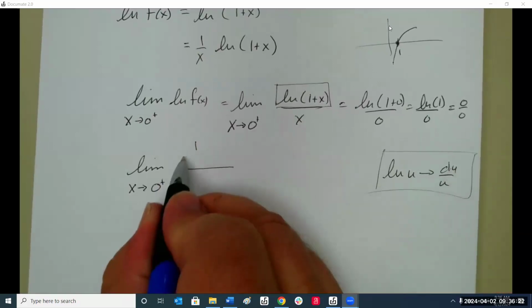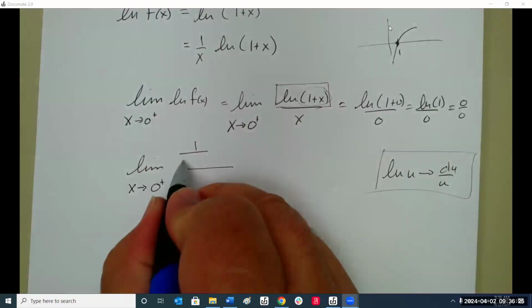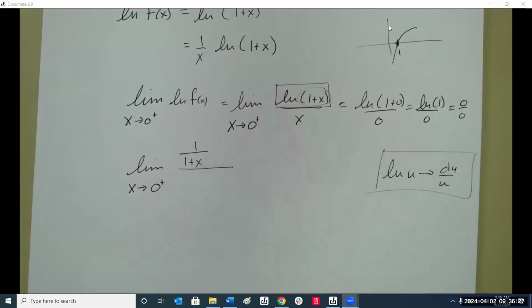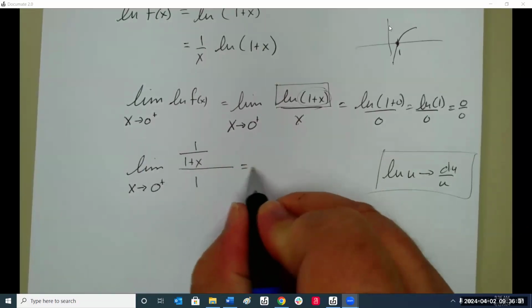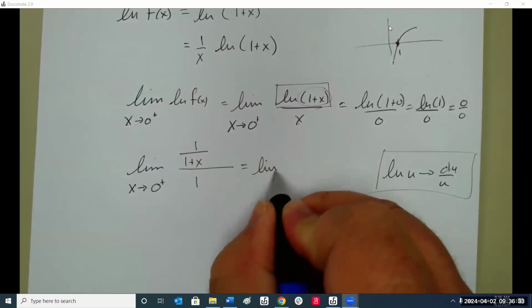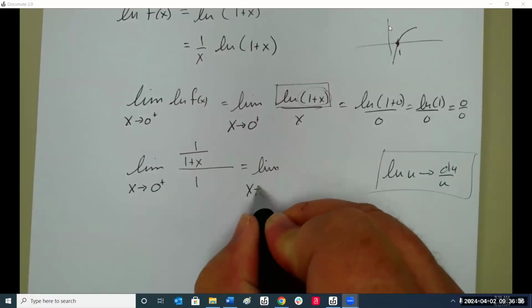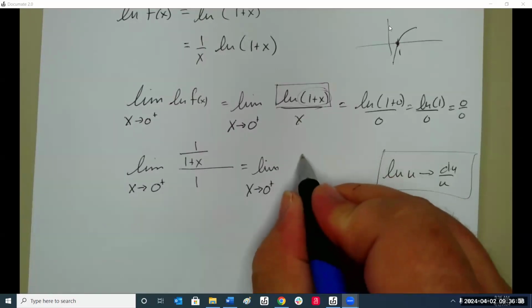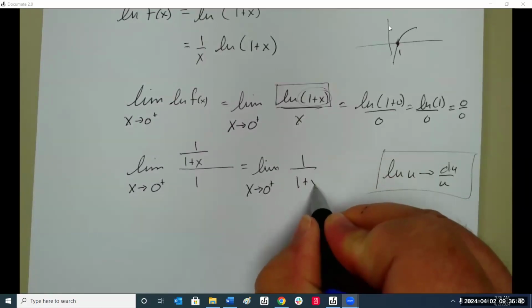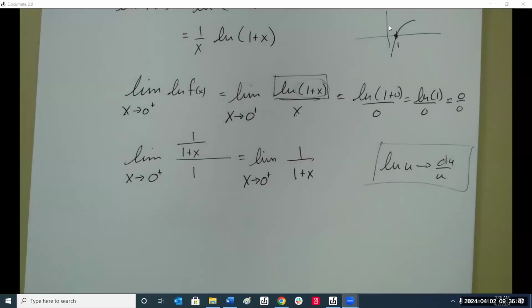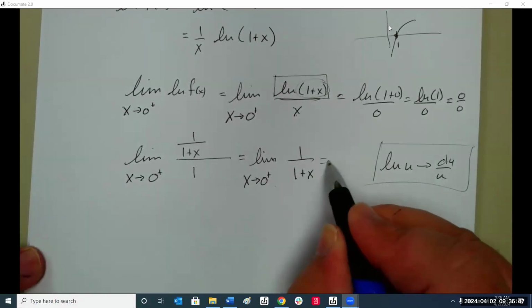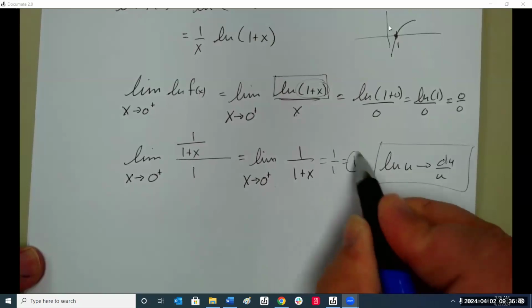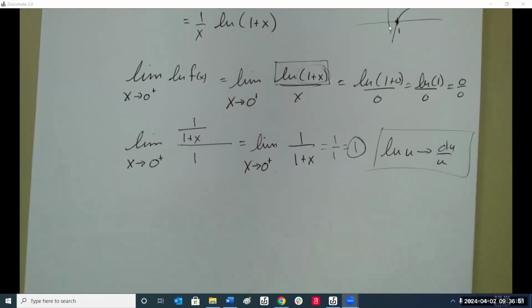That goes on top. And the bottom is the 1 plus x. And the derivative of x is 1. So as x goes to 0, we get 1 over 1, which is 1. That's our answer. Well, that's our answer so far.